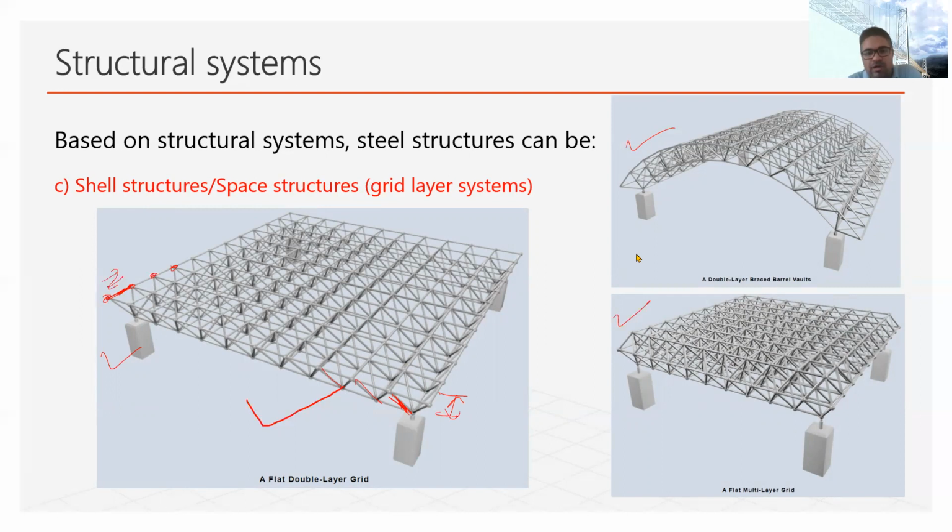To overcome this problem, another concept which was developed was the multi-layer grid. There you can see one layer is this one and the second layer is this one, so that is why it is called a double layer grid. To overcome this problem of a larger span, in the second diagram you can see a multi-layer grid, basically a triple layer. Two layers are there, and the third layer is introduced between them.